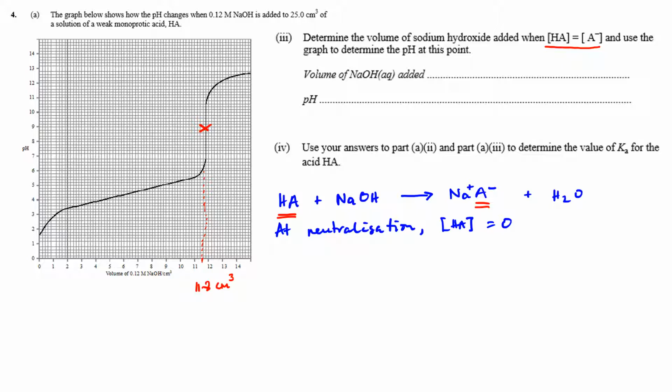So for the concentration of your acid, HA, to be equal to the concentration of your conjugate base, A minus, you have added exactly half of the amount that you need to add to fully neutralize it. So when you see this expression here, you know that this is half neutralization.